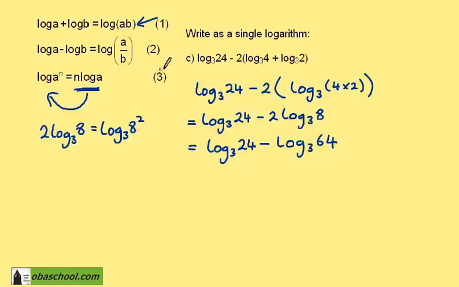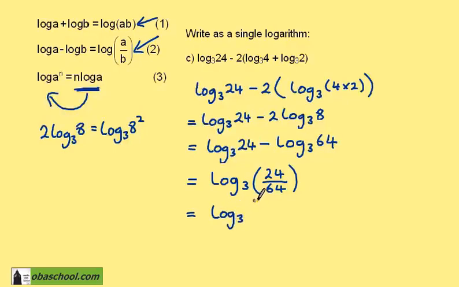And using the second law now, this becomes log to the base 3 of 24 divided by 64. All we need to do now is cancel down, and this gives us log to the base 3 of 3/8.